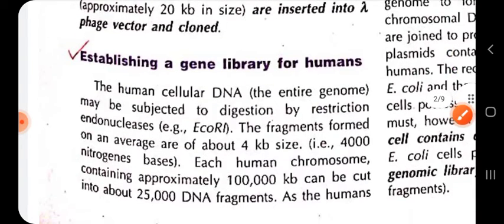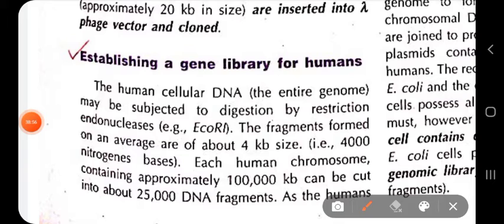Okay, so now we will discuss the establishment of a gene library for humans. A gene library can also be prepared for humans, although the size of the human genome is 3.2 x 10^6 kilobases.